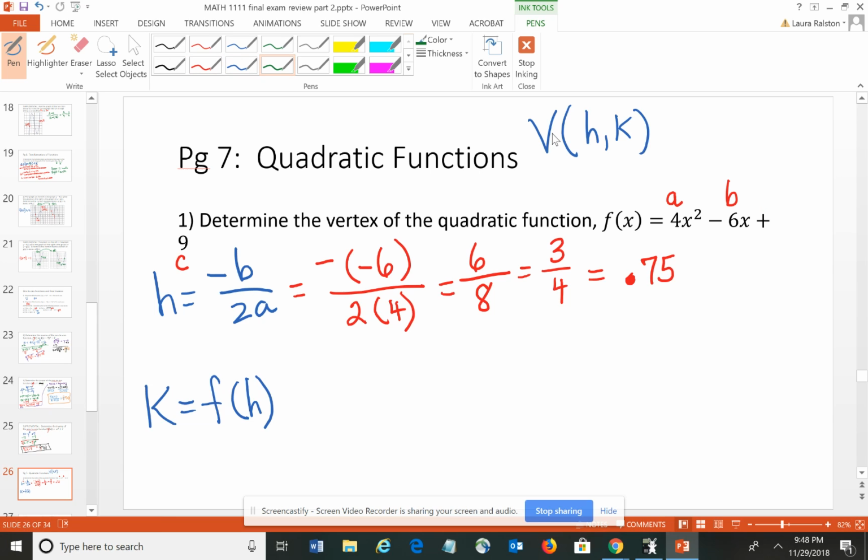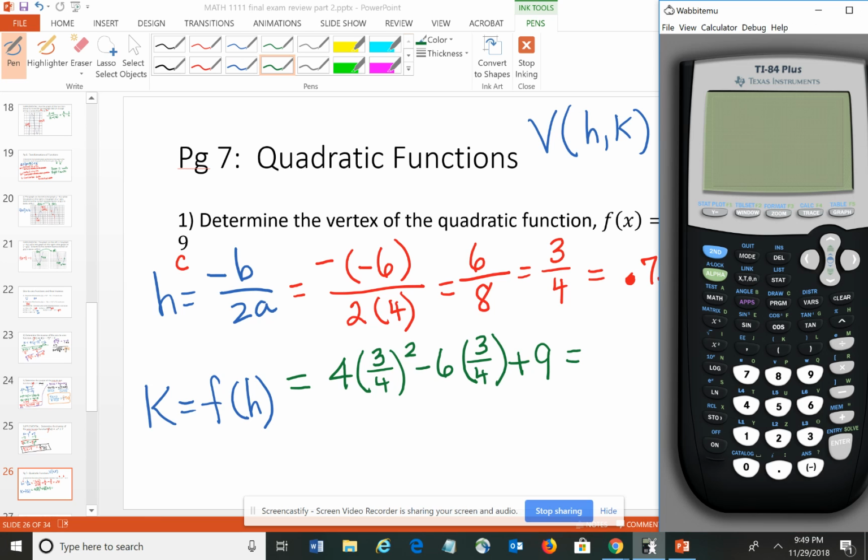We then take the value of 3/4 and we substitute it into the original problem. So we would have 4 times 3/4 squared minus 6 times 3/4 plus 9. Now, honestly, at that point, I'm probably going to pull out my calculator and do the calculations on the calculator.